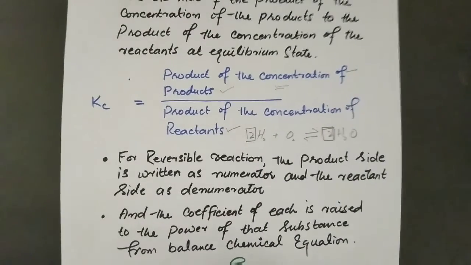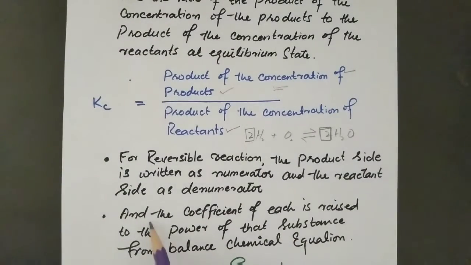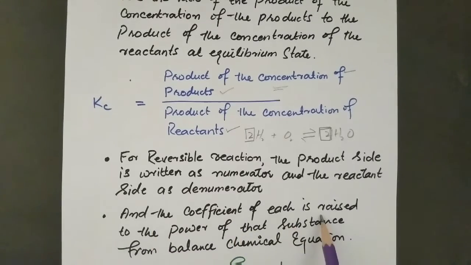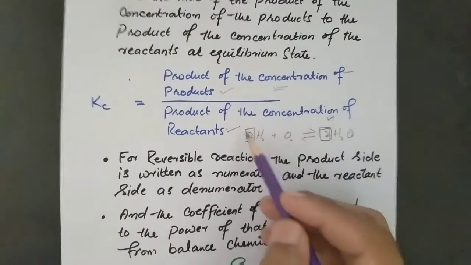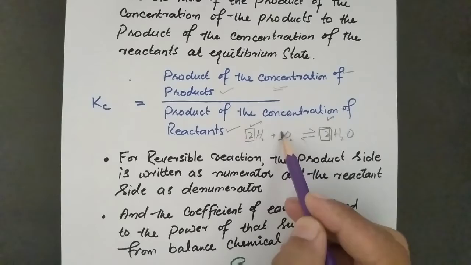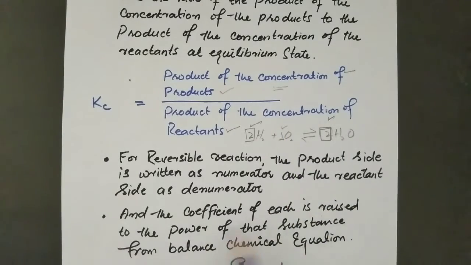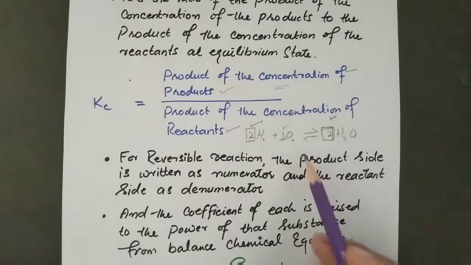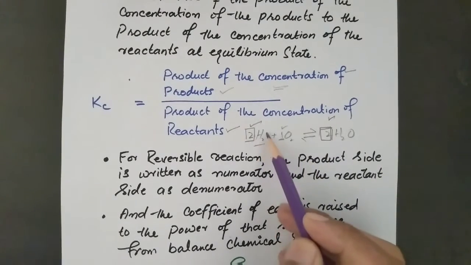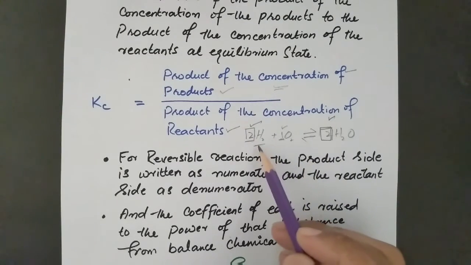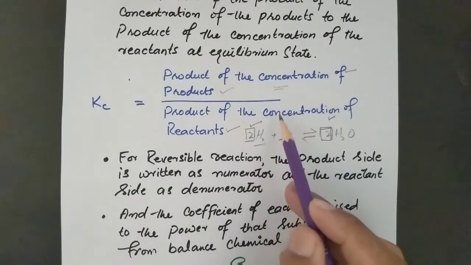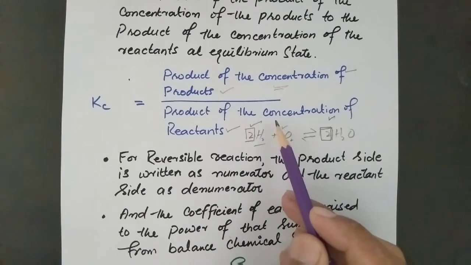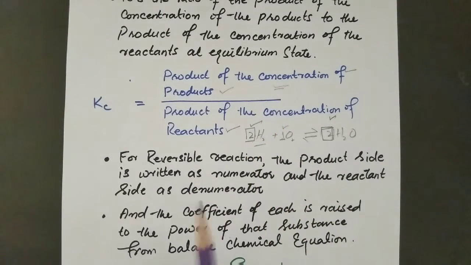So the point here is that the coefficient of each substance is raised as a power of that substance. Whenever we write H2, the 2 is written as a power.